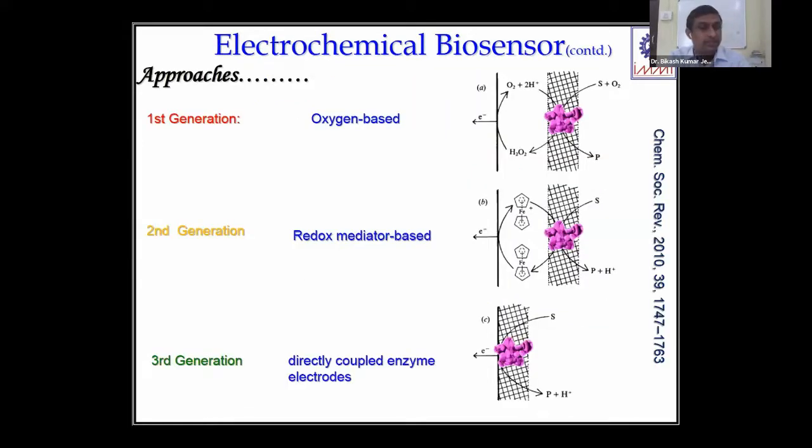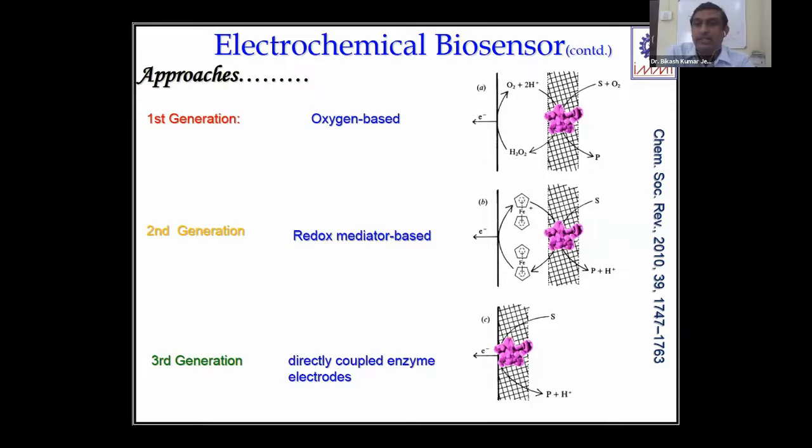Already I told you that different electrochemical biosensors have been developed. That's called the first generation biosensor. When Professor Clark developed it, he took some glucose oxidase inside the solution and put a conducting electrode inside the solution. Any analyte that interacts with the enzyme is enzymatically converted to product, and in the presence of oxygen, hydrogen peroxide is generated.